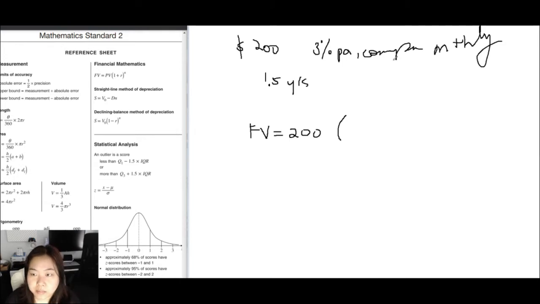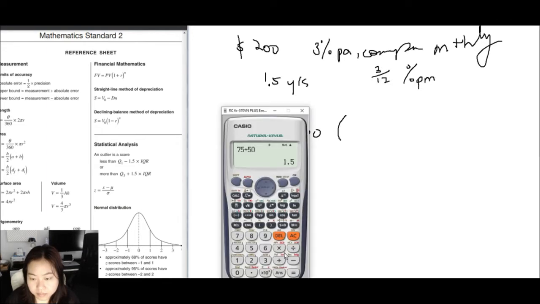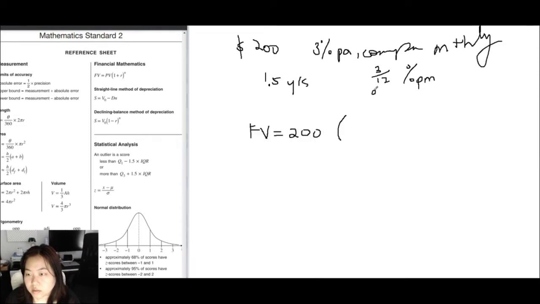We need the percentage for monthly, per month, which is 3 divided by 12. Quarter. So that's 0.25% per month, which means that the rate is 0.0025 per month.